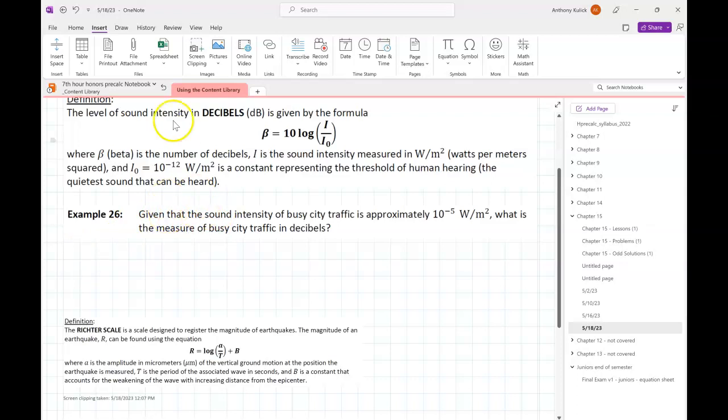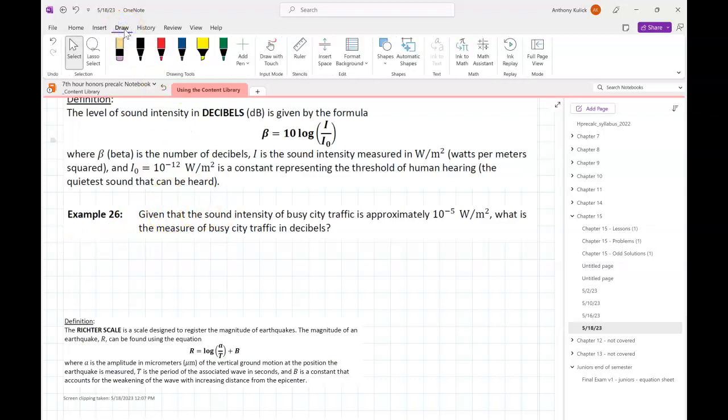All right, so let's look at an example here. Given the sound intensity of busy city traffic is approximately 10 to the negative 5th watts per meter squared, what is the measure of busy city traffic in decibels? It's asking for something in decibels, so I know I'm going to be using this decibels formula.